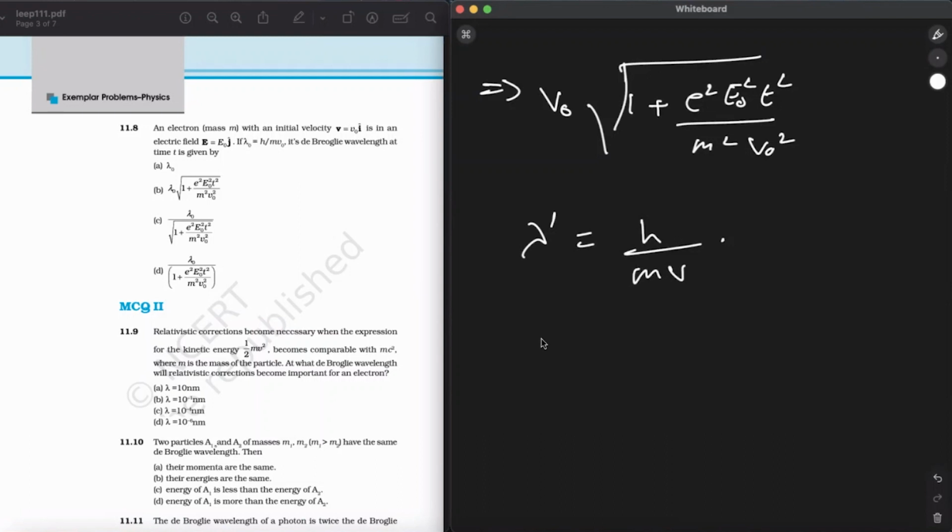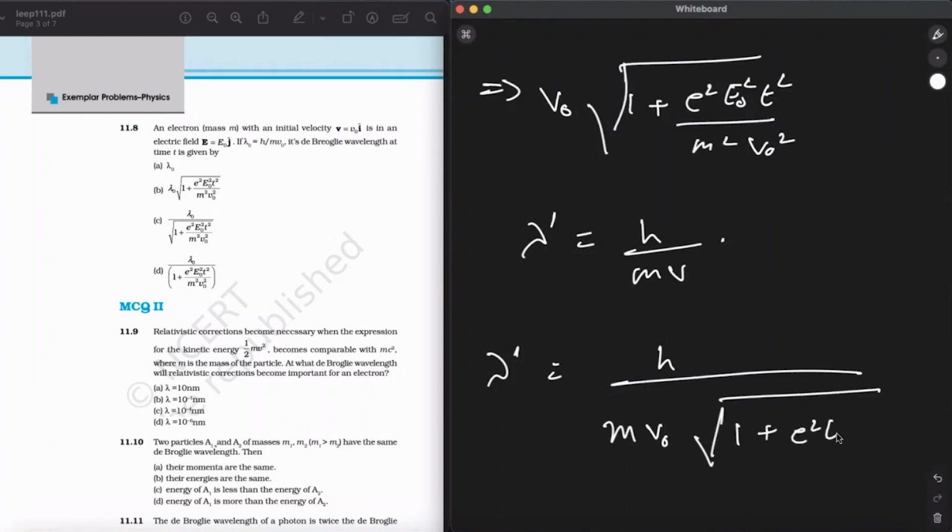If I write it like that, it will be h upon m v naught, and I'll take common 1 plus e square E naught square t square upon m square v naught square. So this part is lambda naught. So the correct option will be e square E naught square t square upon m square v naught square. Which option is correct? Option C is the correct answer for this.